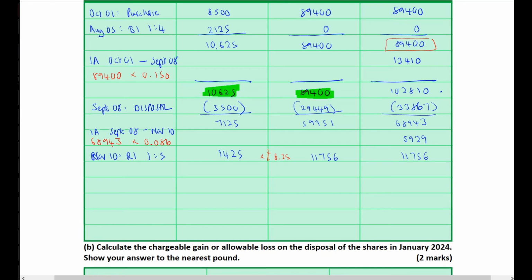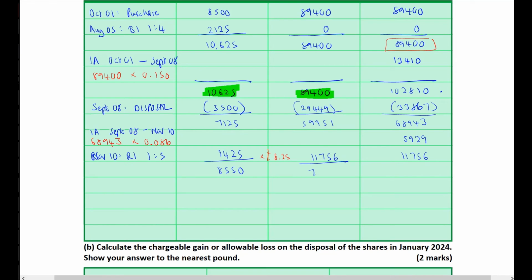Remember, index cost is just cost and indexation together, so whatever I put into the cost column also goes in the indexed cost column. So I've now got the indexation up to date, the rights issue added on. I'm a step further on. Okay, at that point I would do a subtotal, because the next thing that's going to happen is more indexation, so I'm going to need some up-to-date totals.